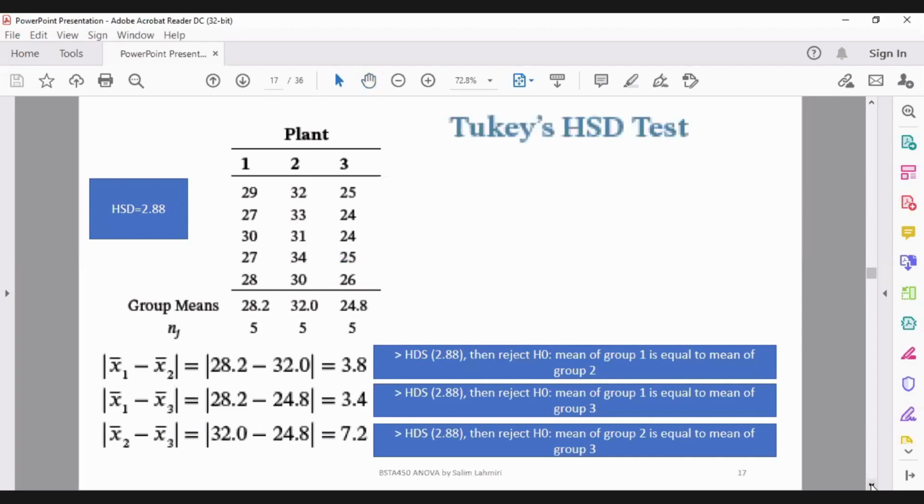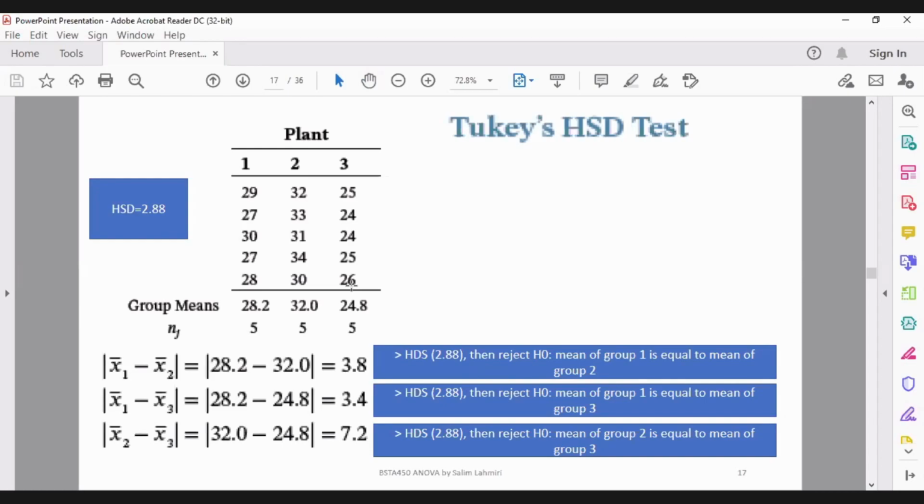Tukey's HSD test, we get plant 1, 2, 3. The HSD is equal to 2.88. We have the group mean from experiment 1, group mean from experiment 2, and group mean from experiment 3.